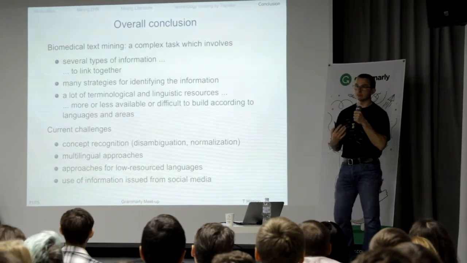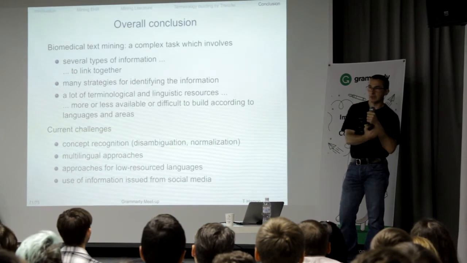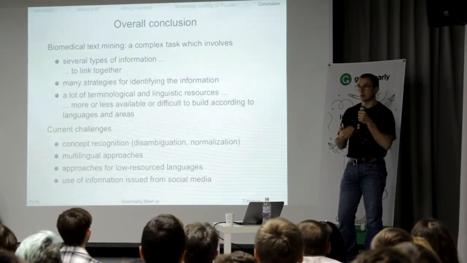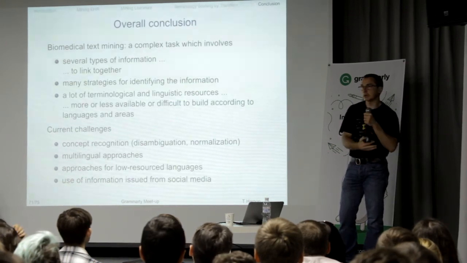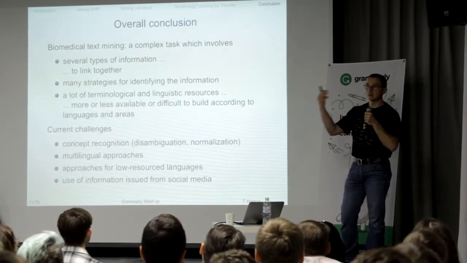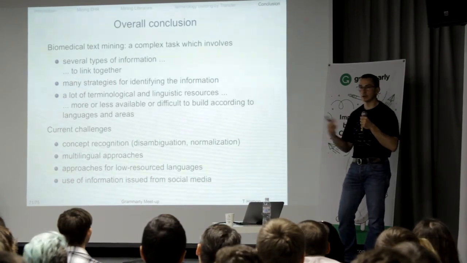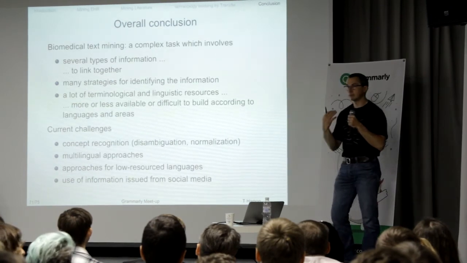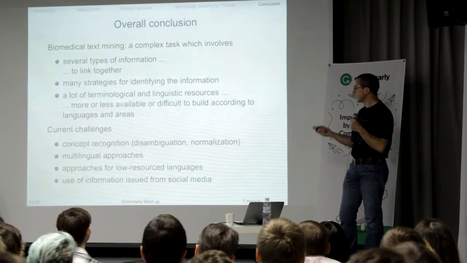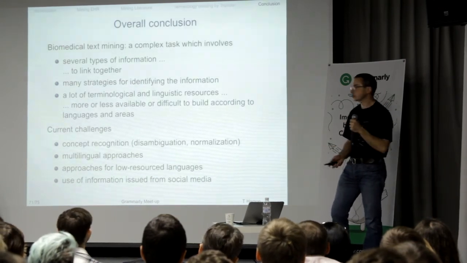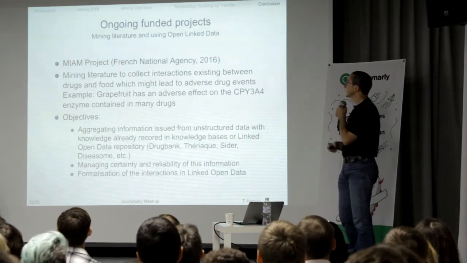You have to make the link between the terms in social media, in what you write on Twitter, on Facebook, on any online discussion forum, and the terms you will find in terminology, because there is a lot of misspelling, a lot of acronyms, abbreviations, and so on. But this is useful information, so it is still a challenge on such data. It's mining the literature and using open linked data.